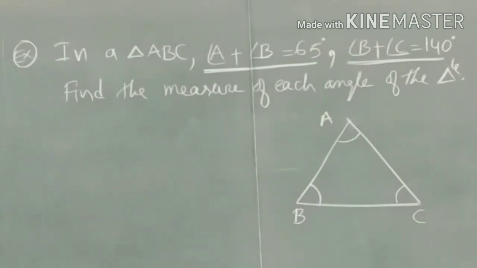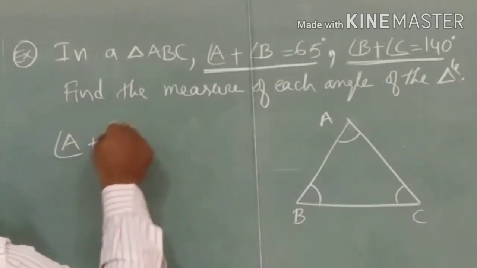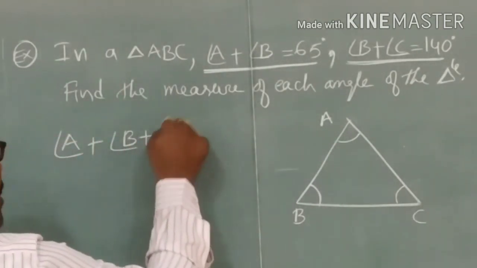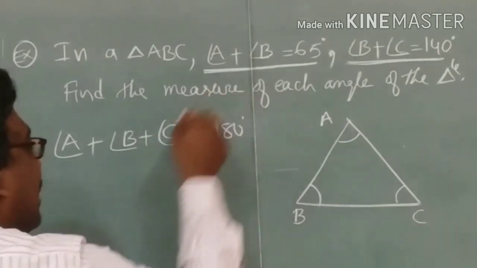Now we have one more rule, that is the angle sum property of a triangle: A plus B plus C is equal to 180 degrees.